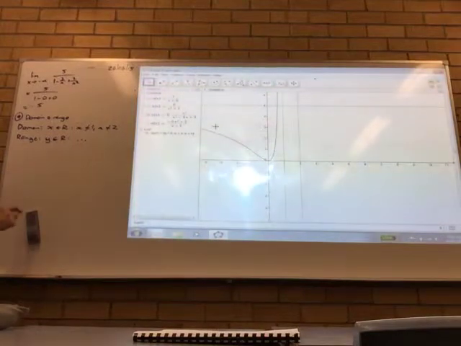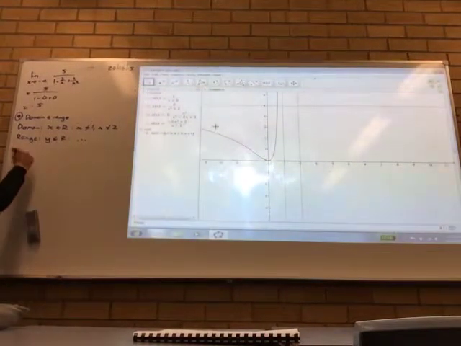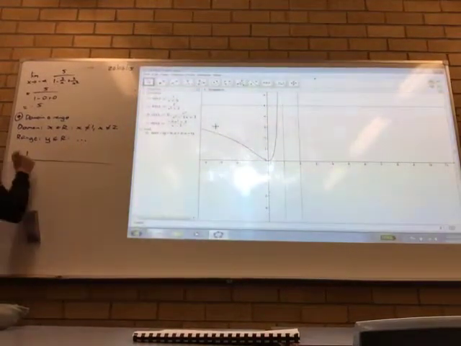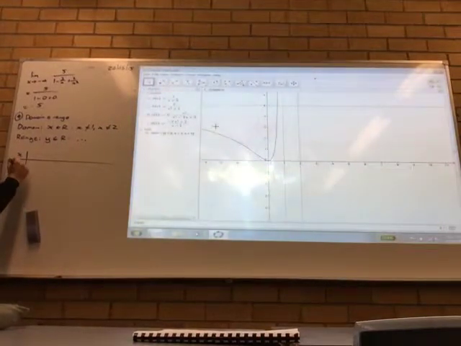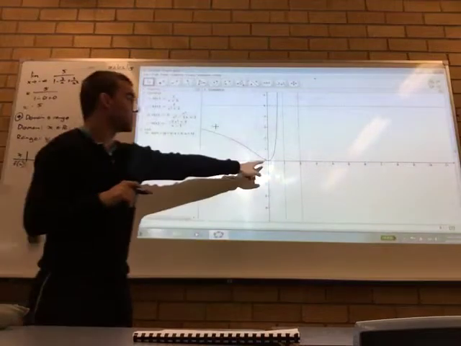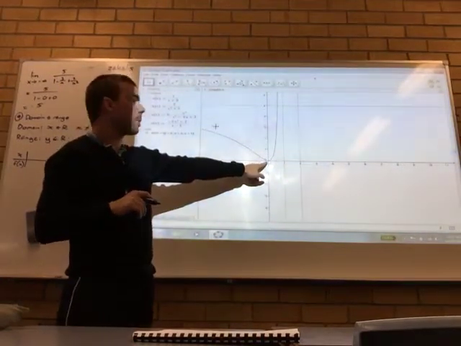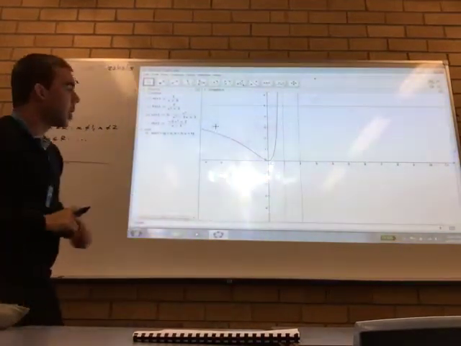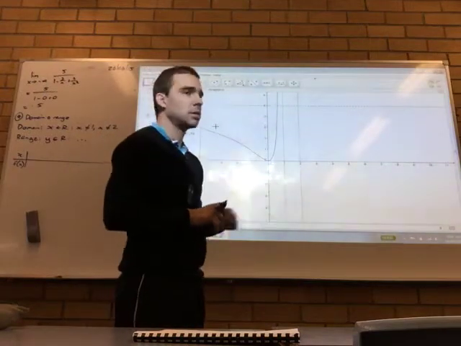Right, so what we now should do is consider a table of values. So we know there's the intercept at the origin. I know there are asymptotes at 1 and 2.